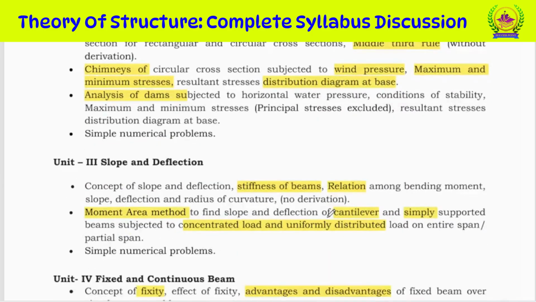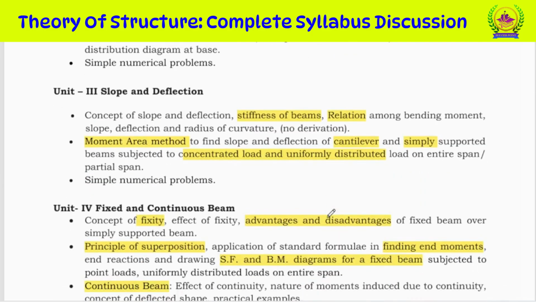Next, Unit 3 is Slope and Deflections. It is the most energetic and important chapter among the 5 chapters. If anyone asks me what is the most important chapter among the 5 chapters, my answer will be Unit 3, Slope and Deflections. In previous semesters we discussed the various types of beams: cantilever, simply supported, overhang, fixed.